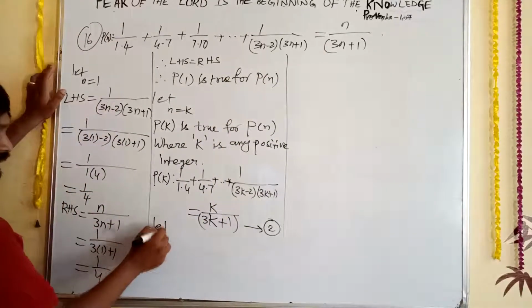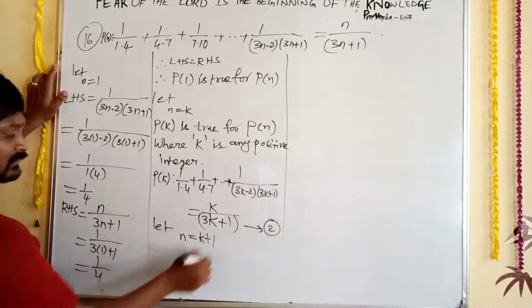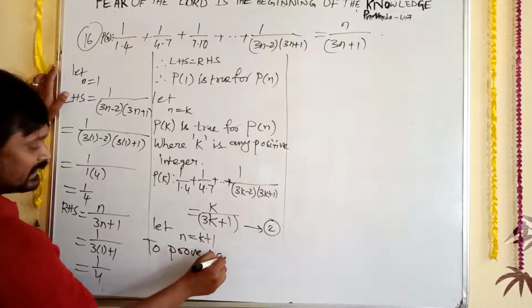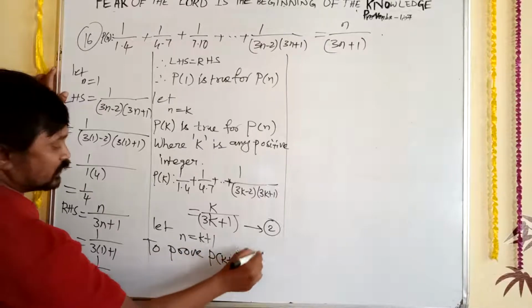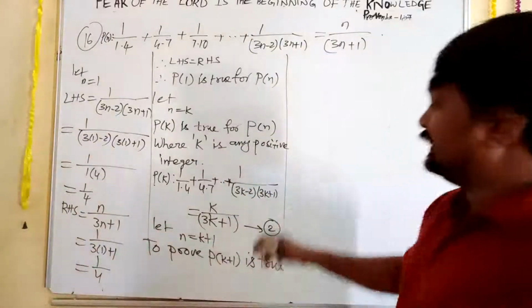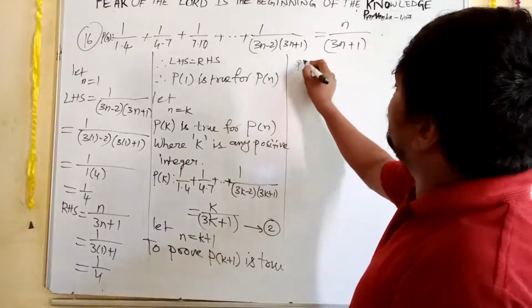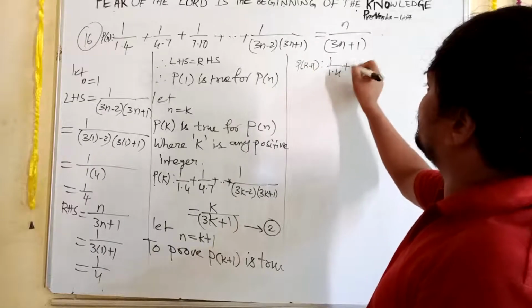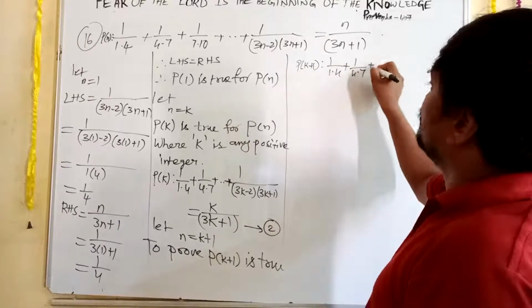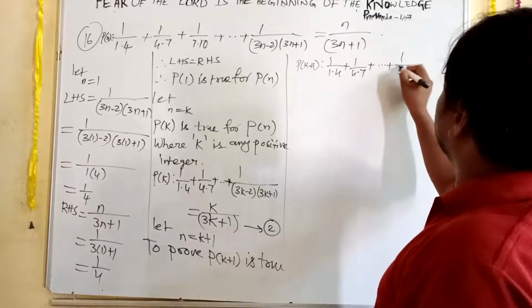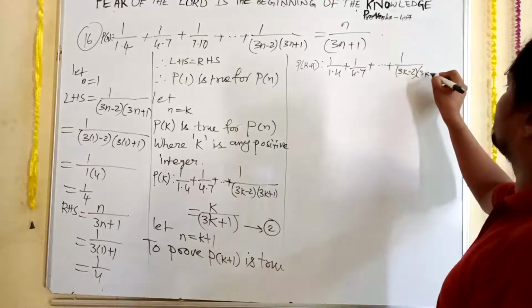Next, let n is equal to k plus 1 to prove P of k plus 1 is true. What do I need to do? You can write this step again. So P of k plus 1 such that 1 upon 1 into 4 plus 1 upon 4 into 7 plus and so on plus 1 upon (3k minus 2)(3k plus 1).